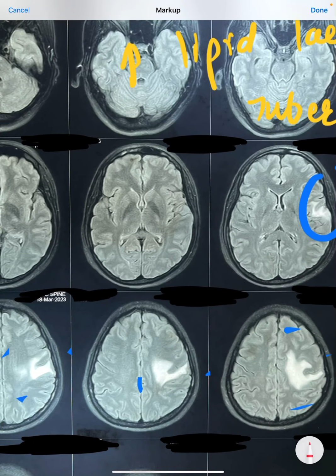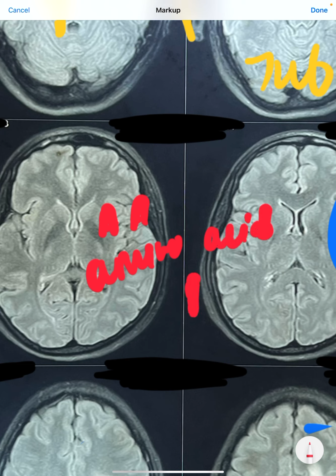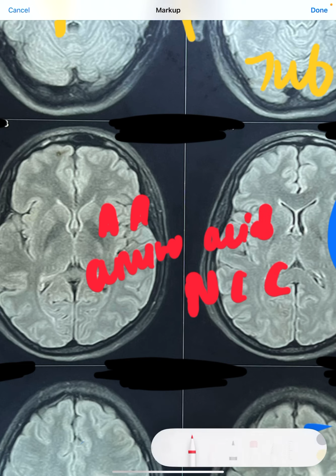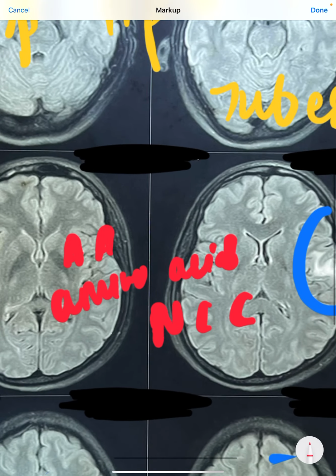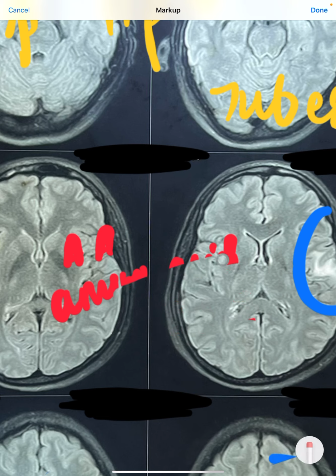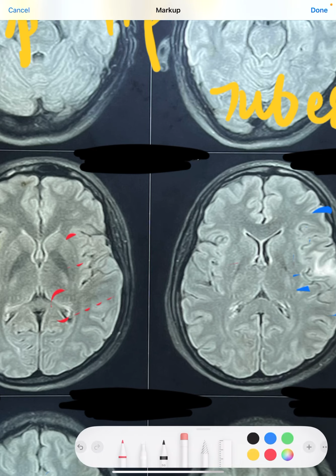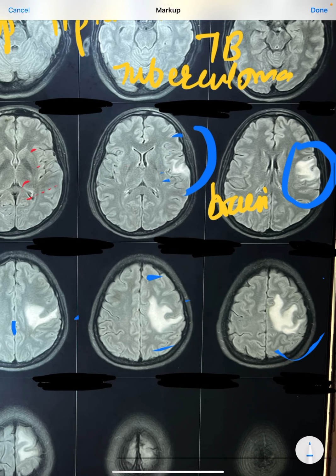Whereas we find increased amino acid levels in patients with NCC, that is neurocysticercosis. So it is one of the differentiating points which can help us find whether it is tuberculoma or neurocysticercosis, because they are very commonly found and very commonly problematic to tell apart.